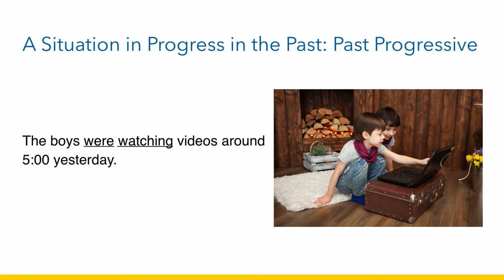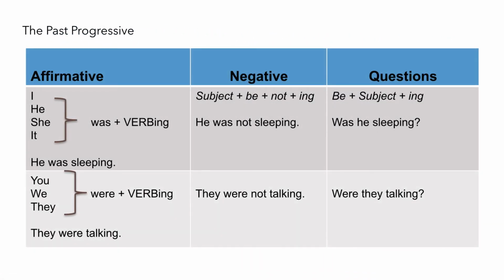We don't know when it started, and we don't know when it finished. We just know it was in the middle at a certain time in the past. To form the past progressive, we need the past forms of the verb be and the main form of the verb with ing.